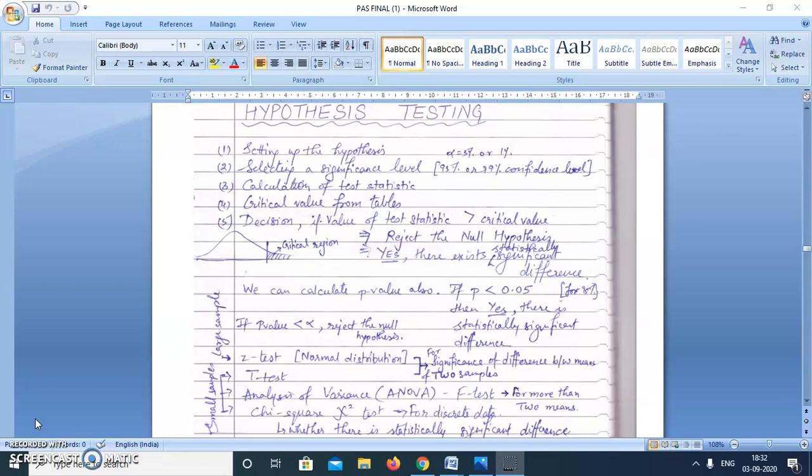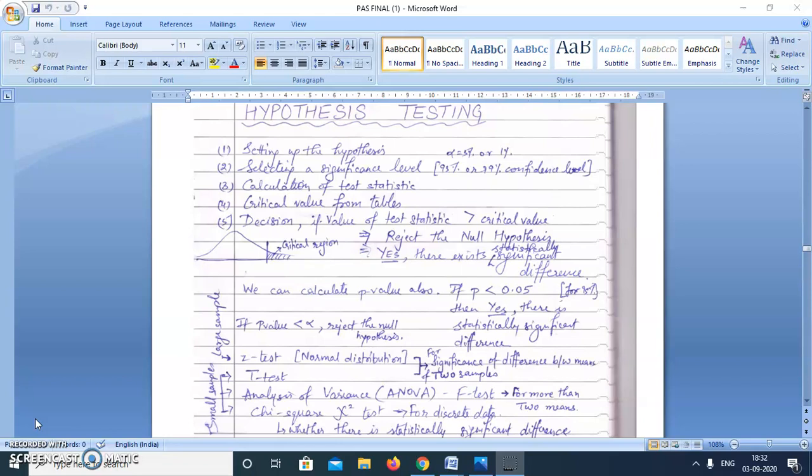Now here we were trying to understand what do you mean by null hypothesis and what do you mean by alternate hypothesis. Whenever we are comparing two means, suppose we are comparing the means of marks of batch A and batch B, or the performance of any treatment A and B, whatever we are comparing, first in statistics we assume that there is no difference between the two means, and then we try to prove it.